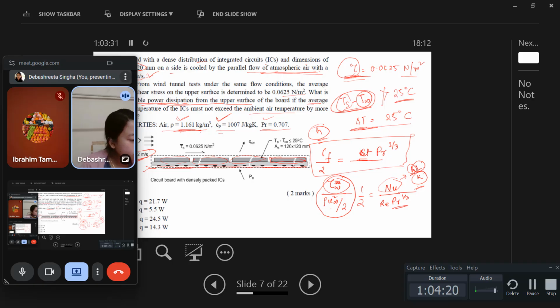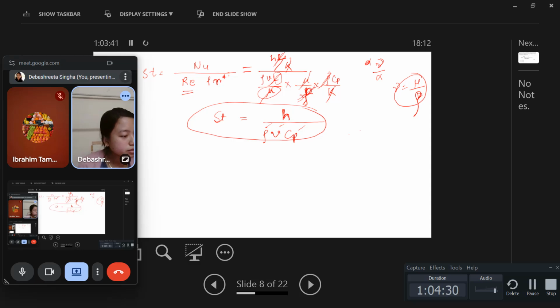Okay, but here we don't know anything. From Nusselt number, we don't know L, we don't know K. Okay, we don't know anything from here. So what we did is that we just substituted the direct formula for all these numbers, for Nusselt number, Reynolds number, and Prandtl number.